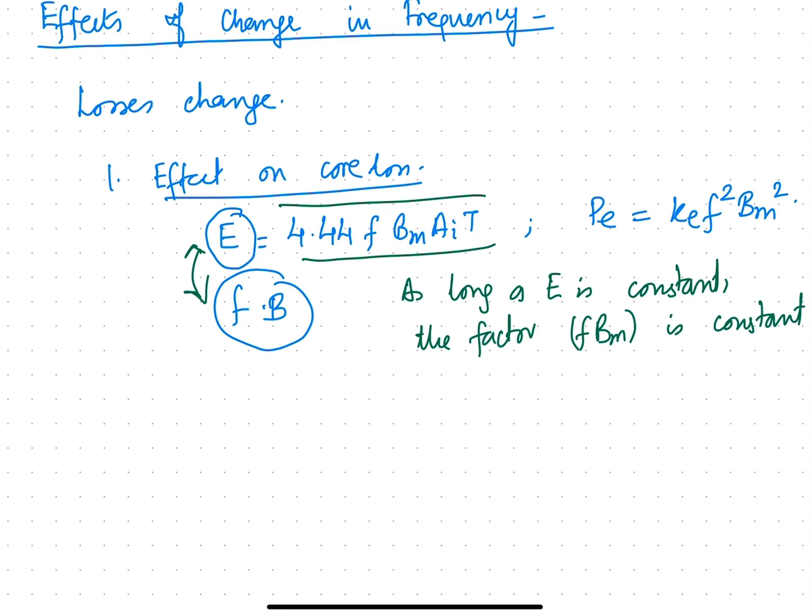Because if you see frequency and Bm, they are together a product. The product is constant. So even if you change frequency, this factor is going to be constant. So the eddy current loss is going to be the same, provided E is kept constant.